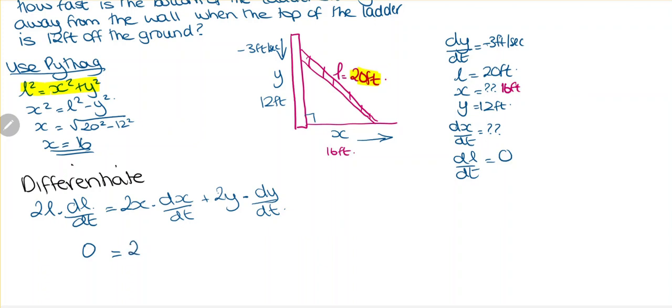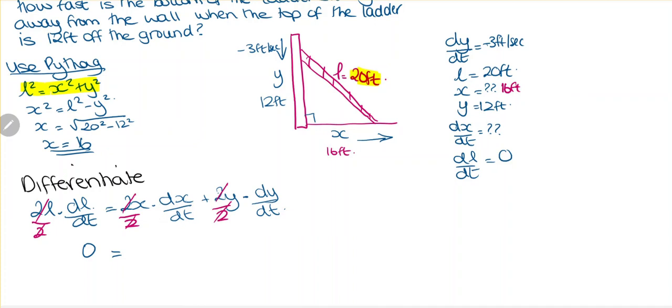Actually I'm going to divide everything by 2 first, so this will simplify. And then we have 0, because if we differentiate the length of the ladder, that's just 0.